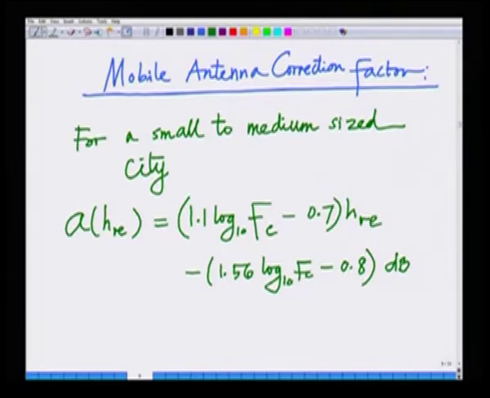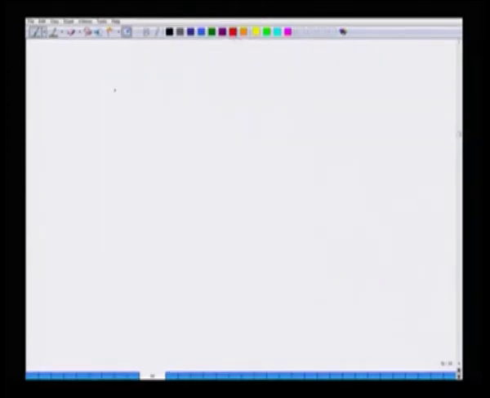That is the expression for the mobile antenna correction factor for a small to medium sized city, that is 1.1 log 10 Fc minus 0.7 whole into HRE minus 1.56 log 10 Fc minus 0.8 dB.